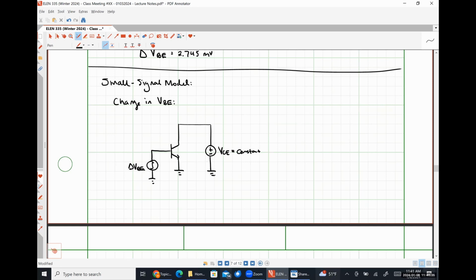And what we should see is that there is going to be some change in our collector current, delta IC, some change in our emitter current, delta IE, and some change in our base current, delta IB, and all of these changes are related to each other.